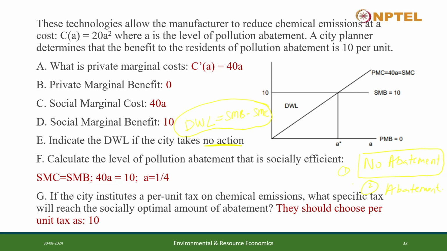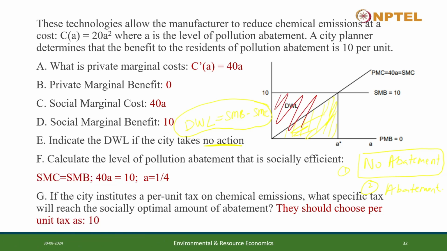Am I right? Now, if I abate the pollution, then the cost which I will incur is this one only. Is it clear? So I have to give some money for the pollution reduction, and this will be the cost. Okay. However, the benefit which I am getting out of it is this whole area, right?